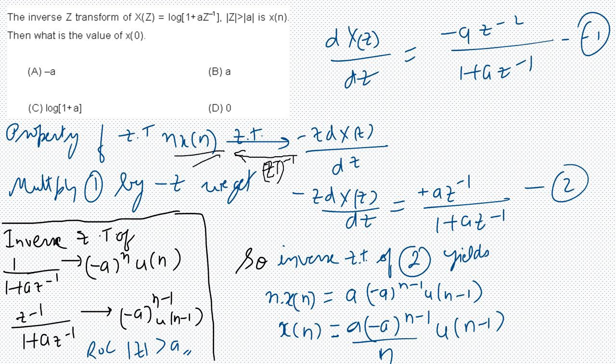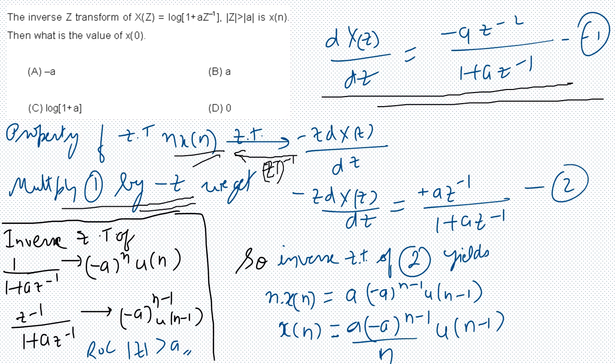To do that, we need to multiply the expression with minus z. That's what we have done here. We get minus z dX(z) over dz equal to a z power minus 1 over 1 plus a z inverse. Why?